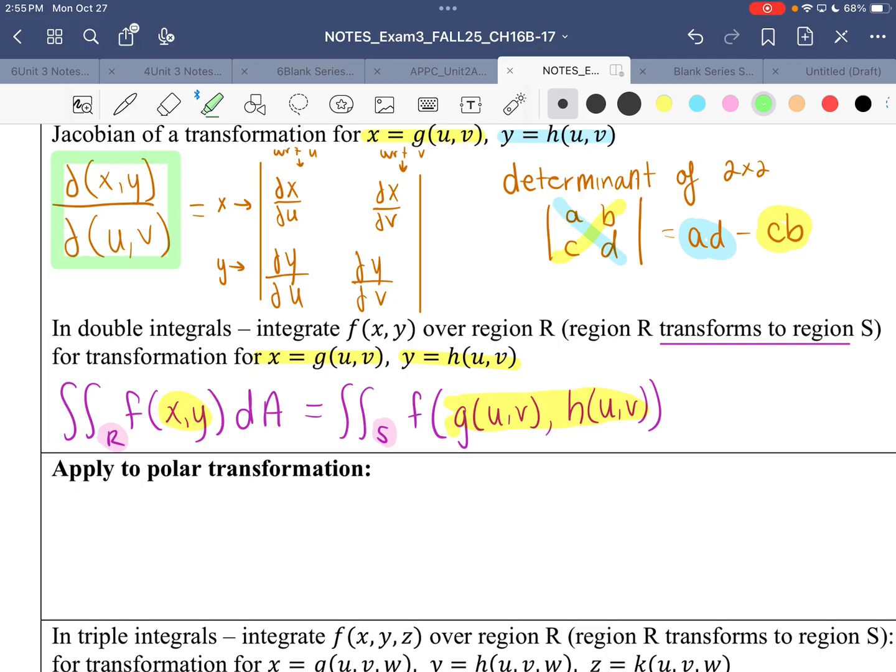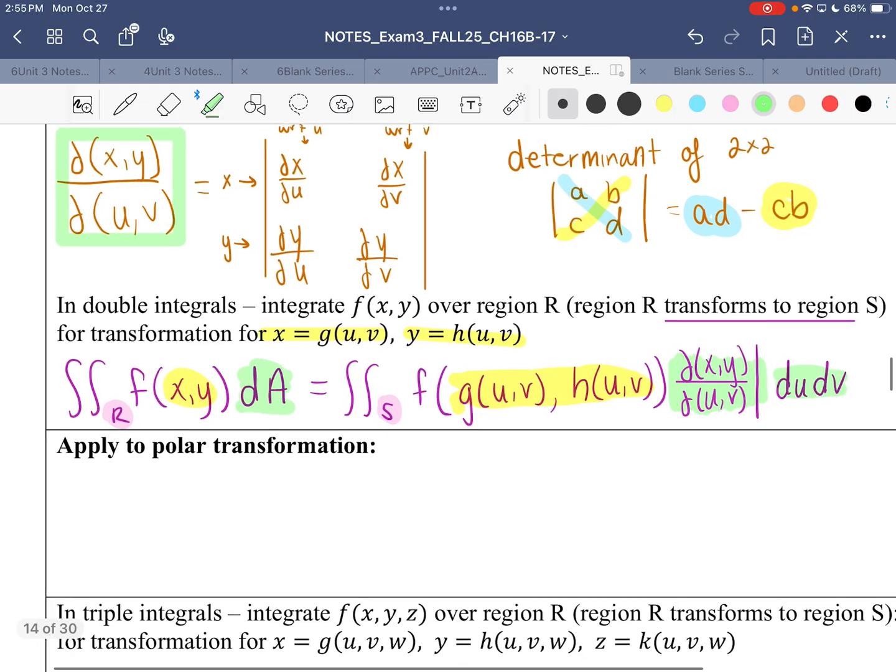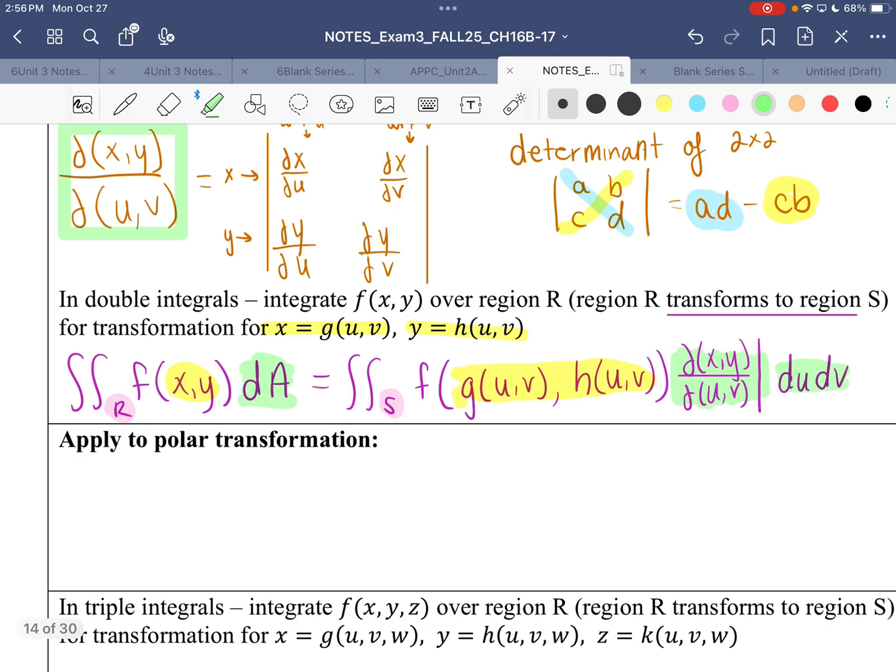This is helping us go from rectangular to polar, or rectangular to spherical. The r d theta is the thing that we've been multiplying by. That's because that helps us change coordinate systems. So it's like part of the dA.